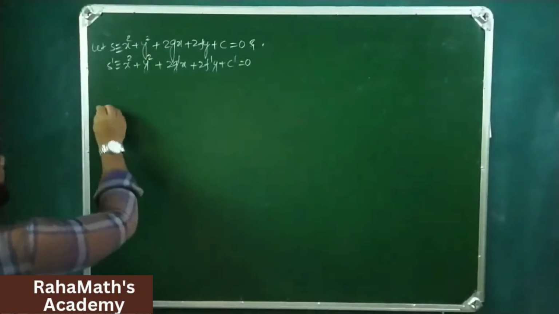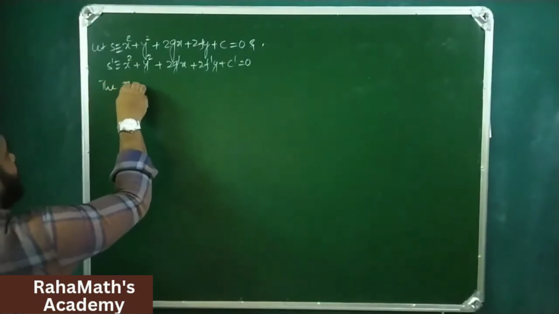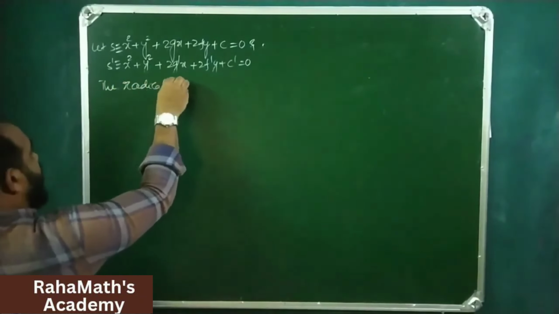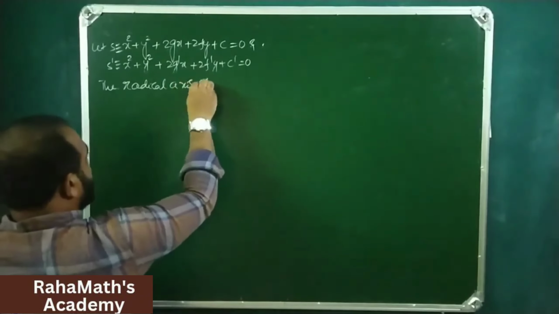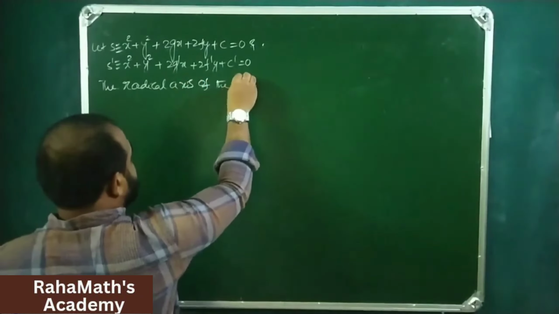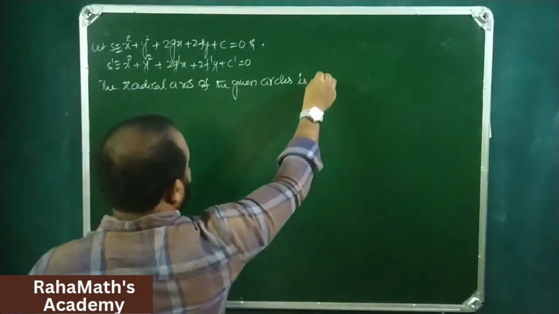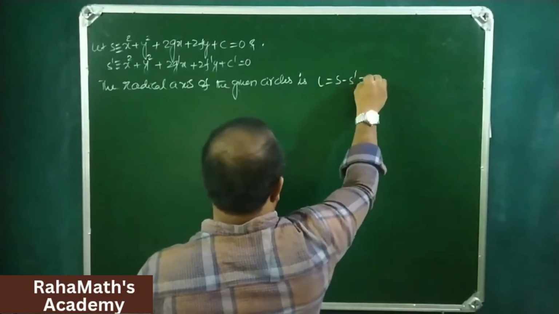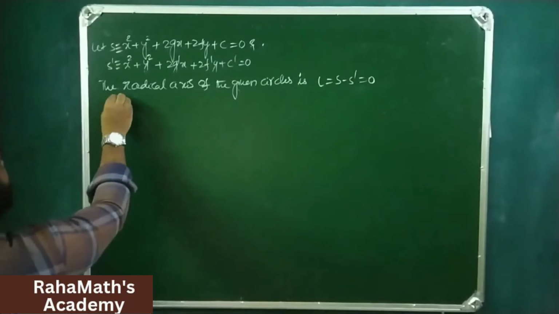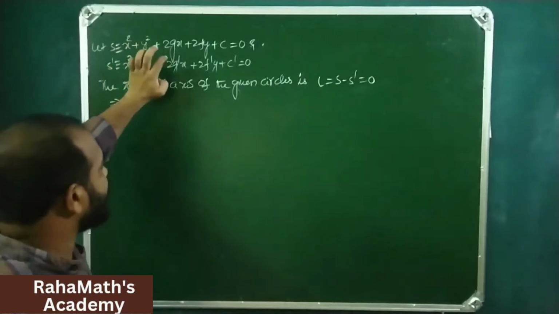So the radical axis of the given circles is L equals S minus S dash equals 0. That is, x square, y square get cancelled.